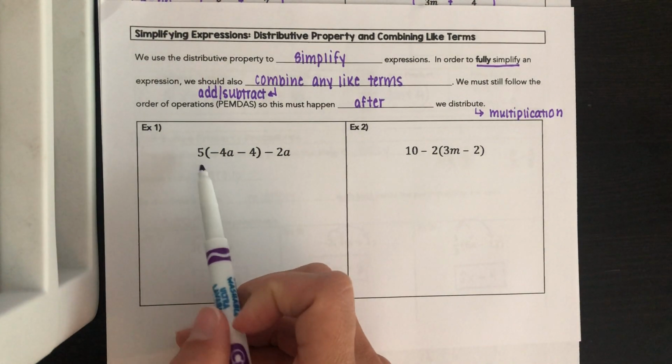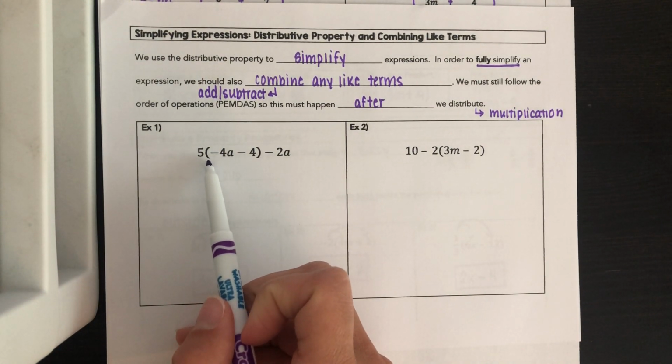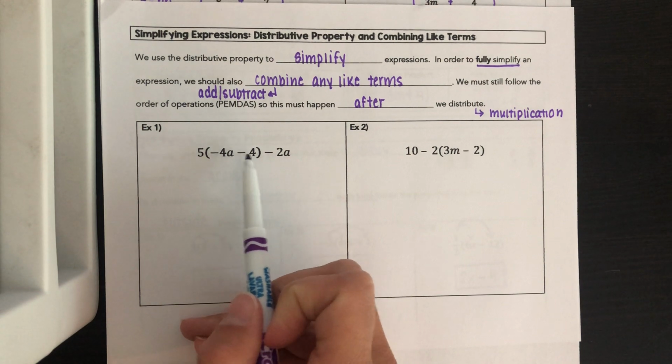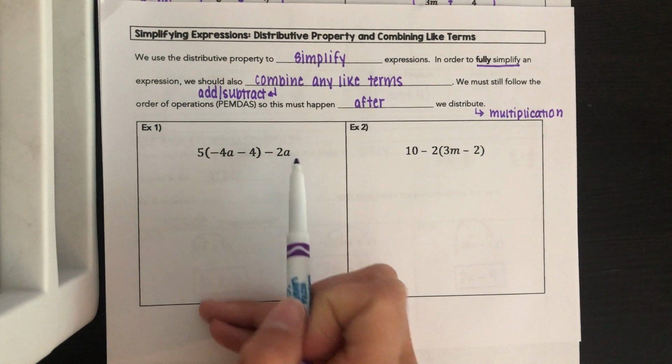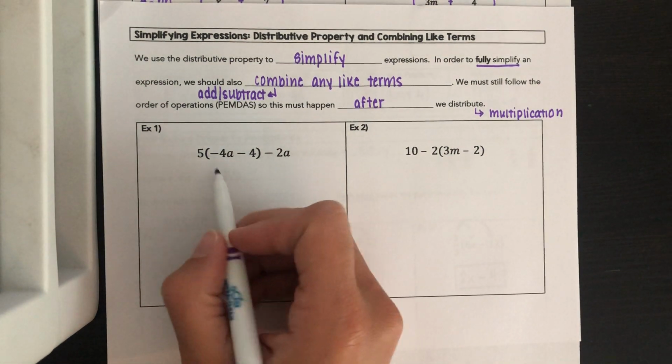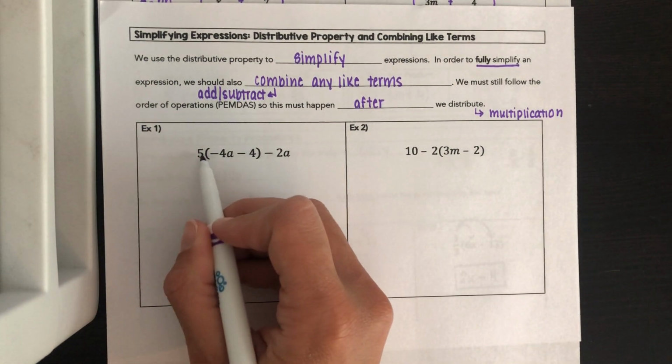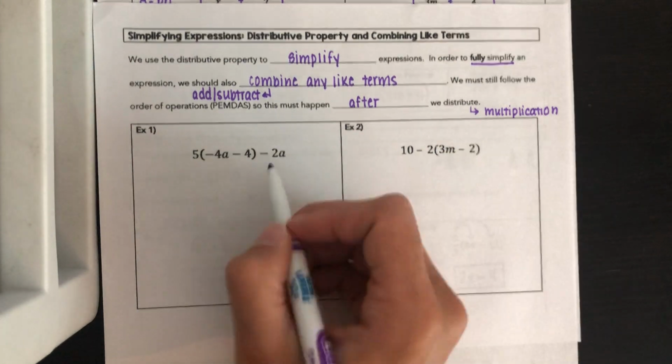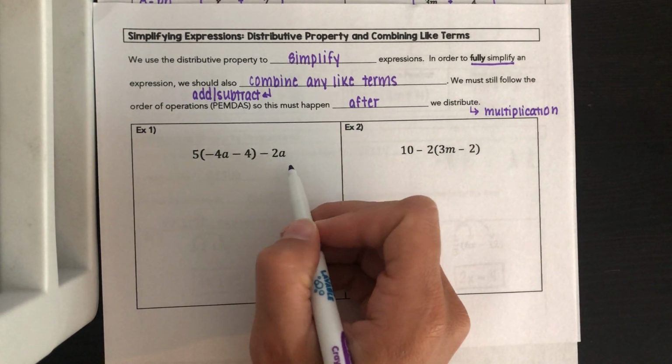So example number 1, we have 5 times the quantity of negative 4a minus 4 and then minus 2a. First of all, we're going to start with eliminating our parentheses because we need to follow those order of operations. And we know multiplication, which happens when we see that number next to the parentheses, has to happen before we add or subtract anything.